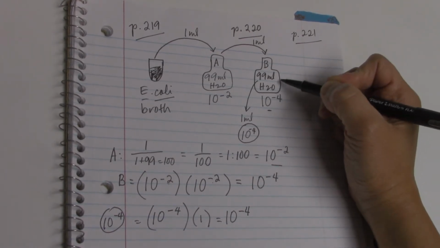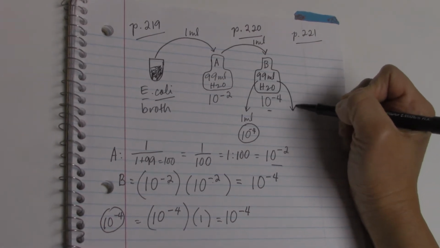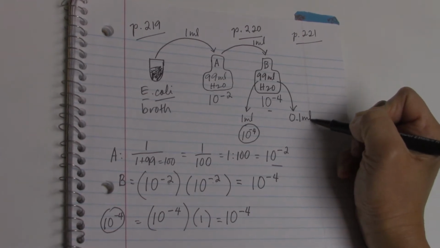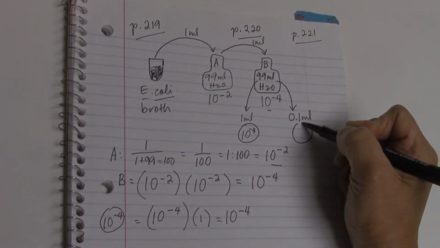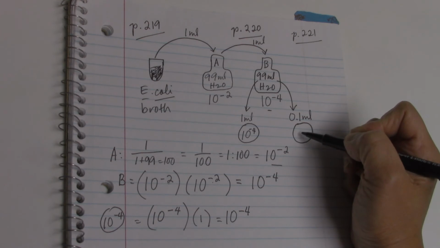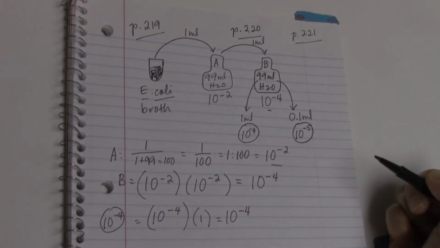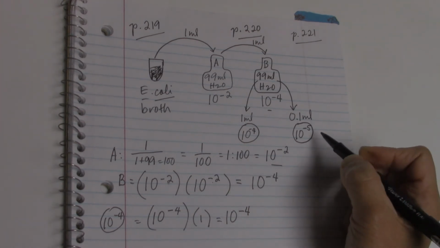Now if we take a tenth of that volume, let's say we're going to take 0.1 milliliter and put it on a plate, now this plated dilution becomes a 10 to the minus 5. Why is that so?